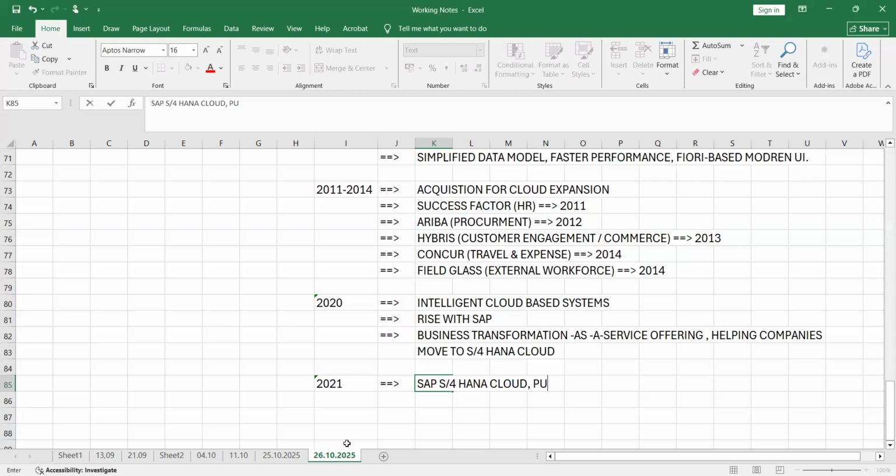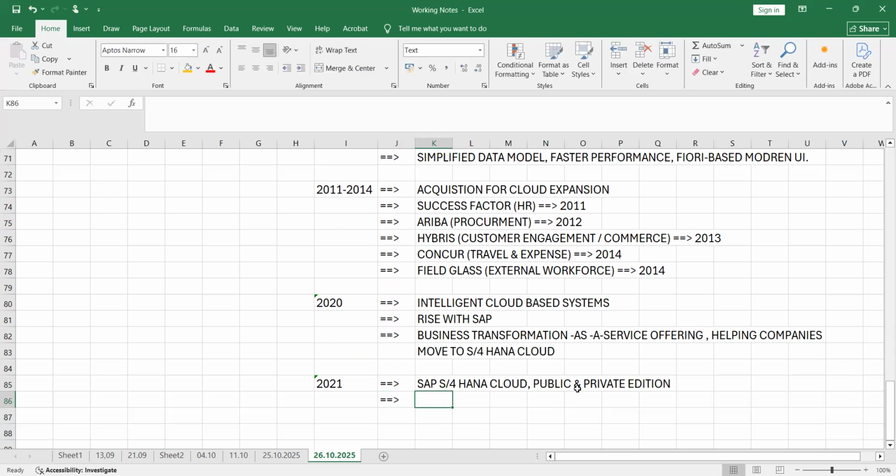Here the S4HANA memory will be partitioned depending on whether you want public or private. Private means it is given to you and only your data will be there. Public means everybody's data is there, but with a partition.